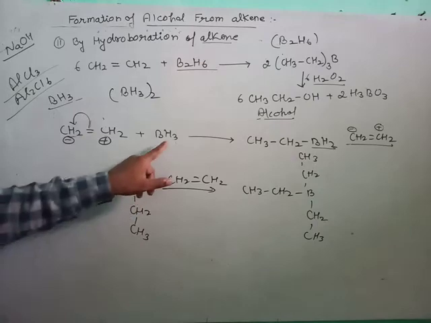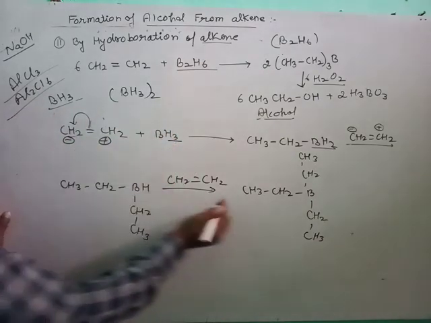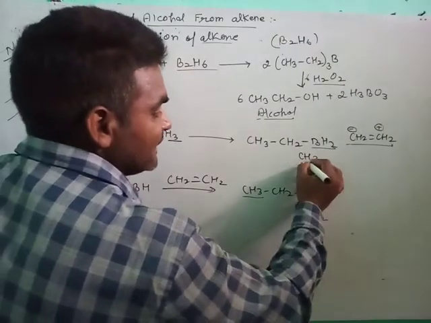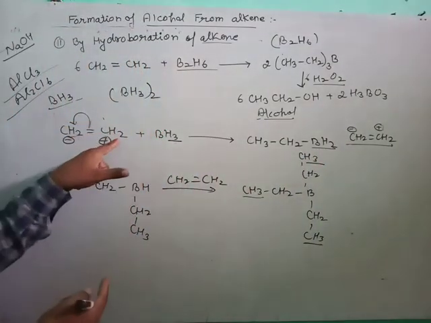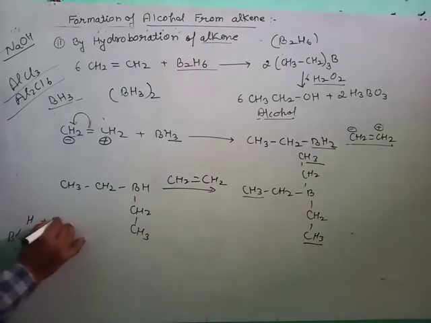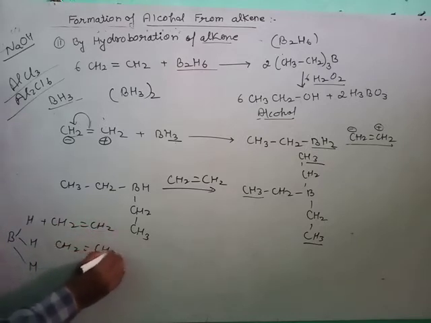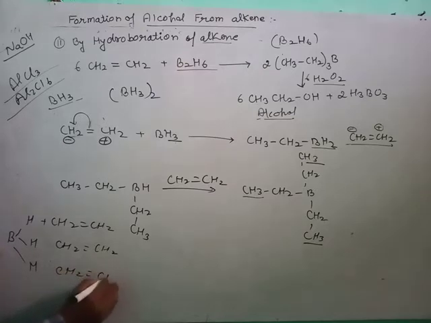It means all three hydrogens of BH3 move toward the CH2 and it becomes CH3, and the other part of the carbon is bonded with boron. Simply, BH3 and three molecules of CH2 double bond CH2. What happened?